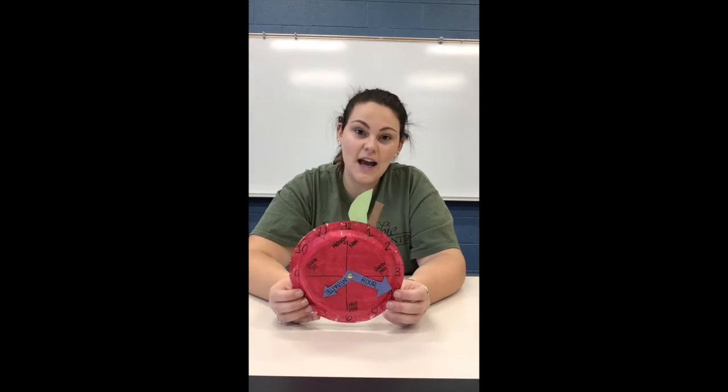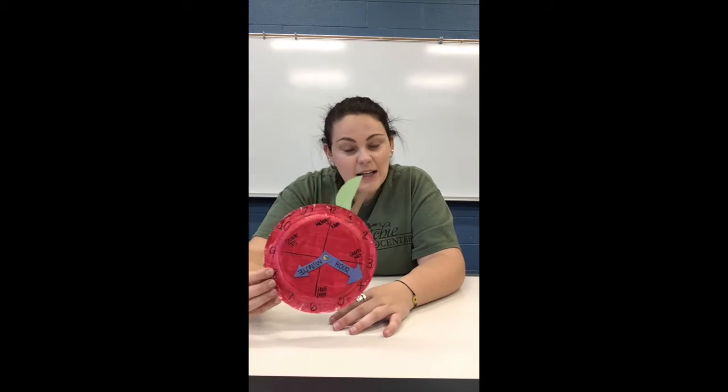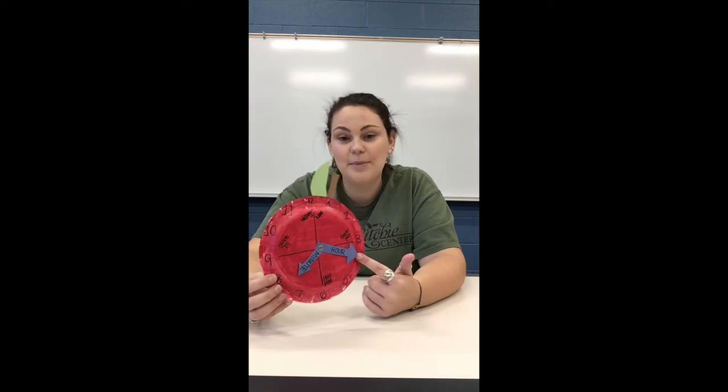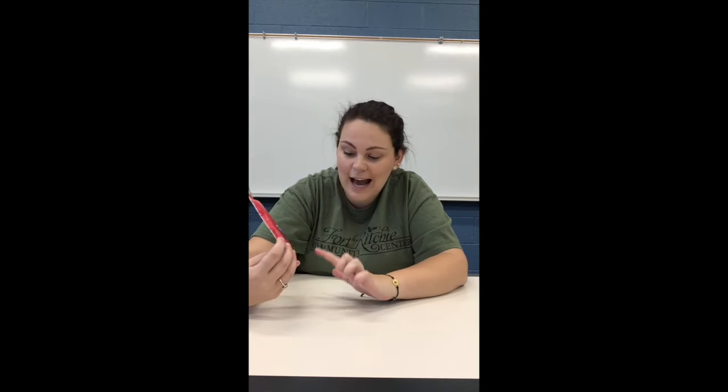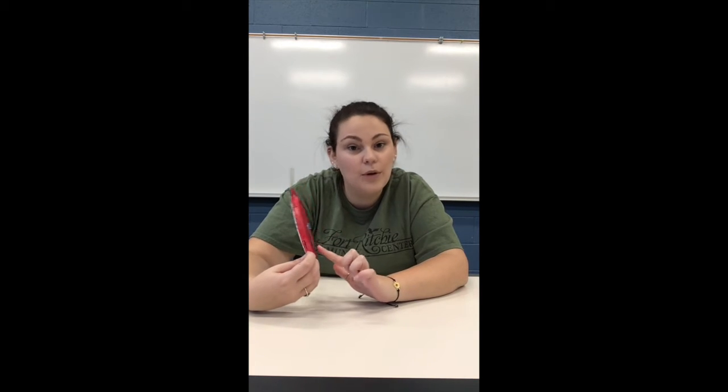And then A, obviously this is art. We're creating our own clock out of paper plates, construction paper, markers, and then mathematics. We have all these different numbers, and we're going to learn the different time meanings. So noon, quarter past, half past, and quarter till, and we're going to learn what that means.